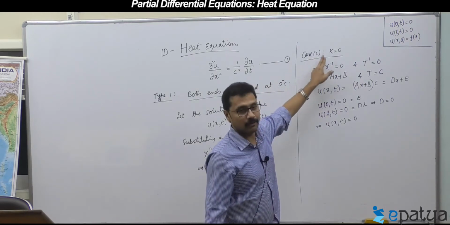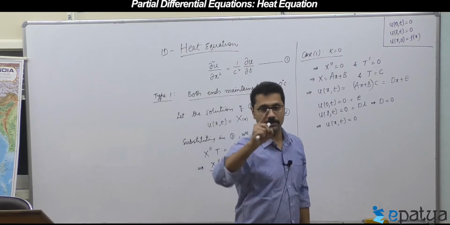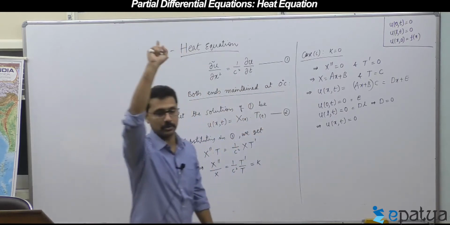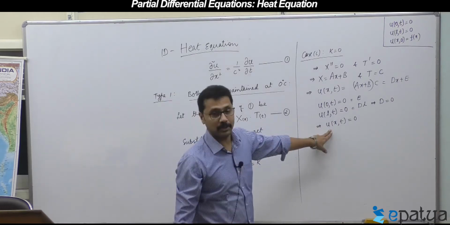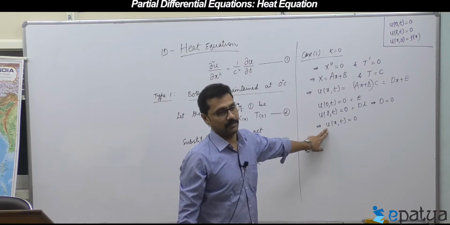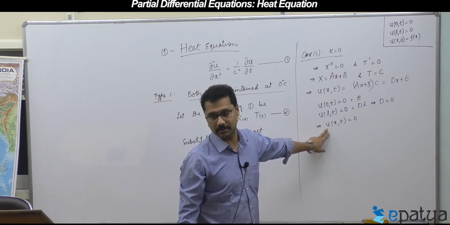Case 1, when k equal to 0, always gives you the steady state temperature distribution which is going to happen finally, which in fact is my US.